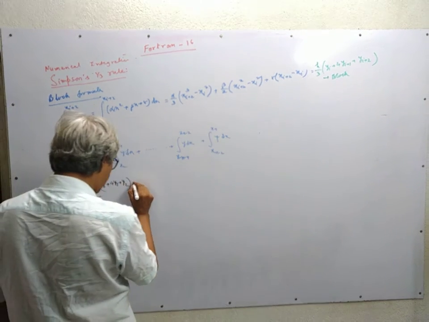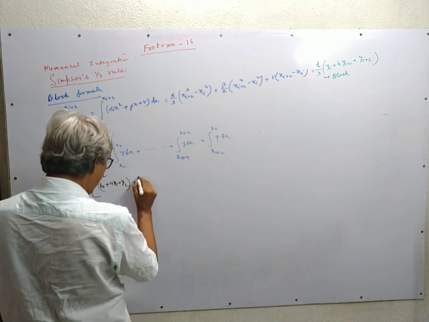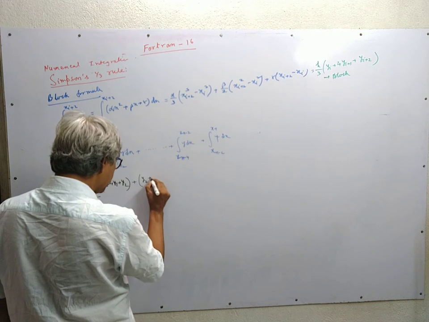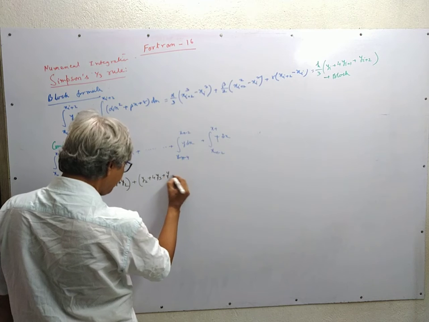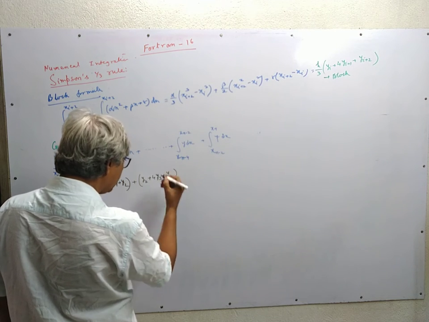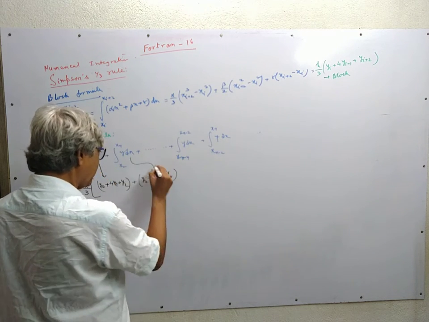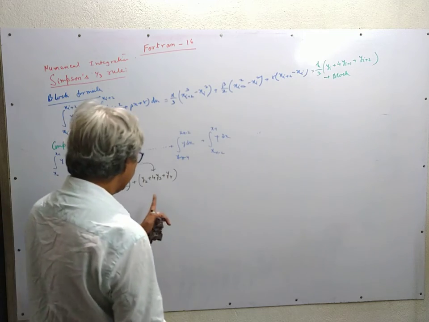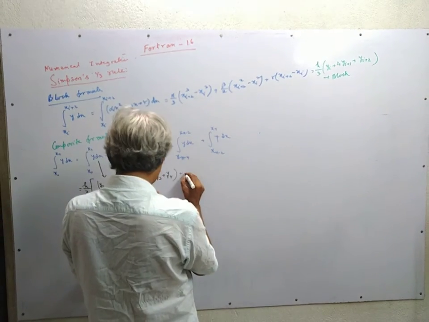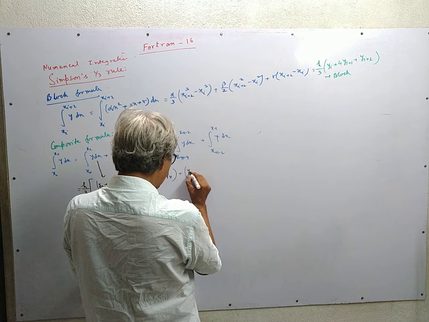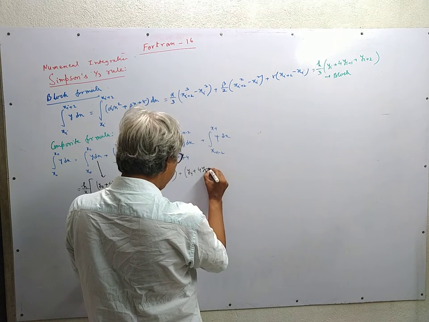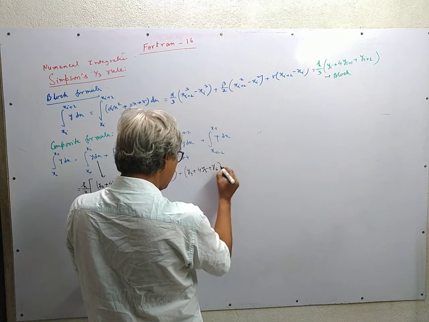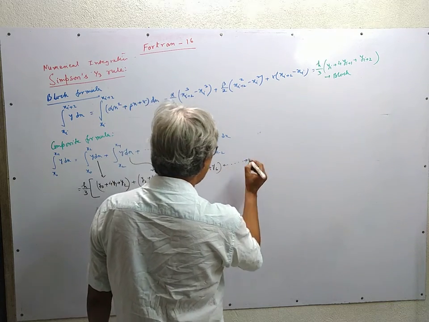For the next block, it starts with y2, so this is y2 plus 4 y3 plus y4. This is for this one. And if we write the next one, this would be y4 plus 4 y5 plus y6, and going in this way.